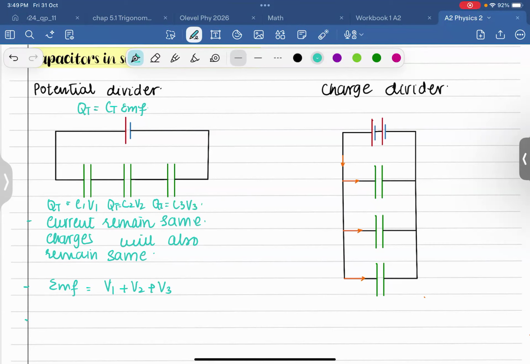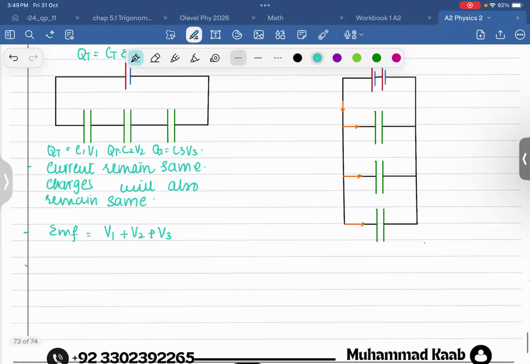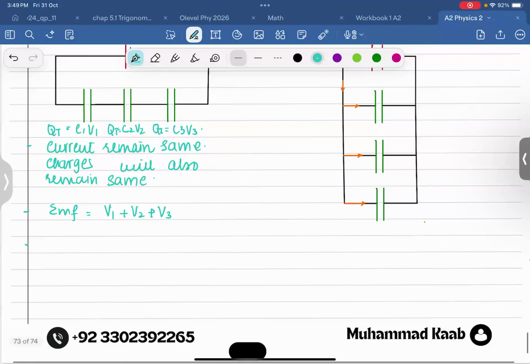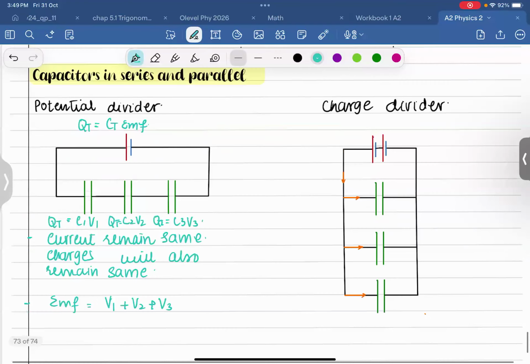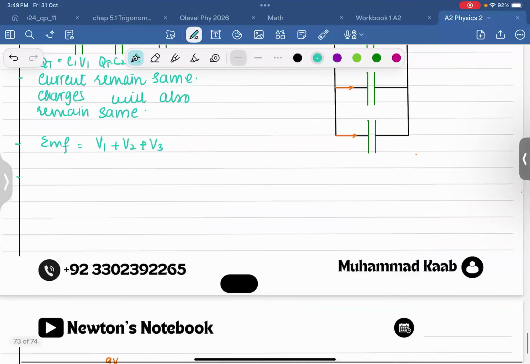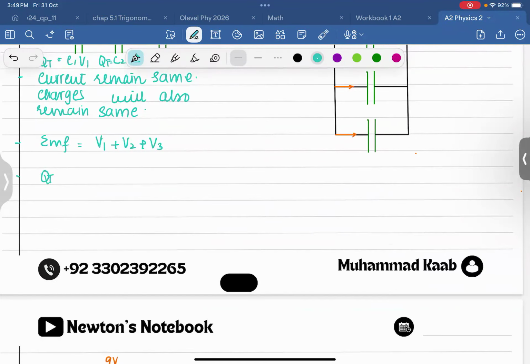Now, if I put that into my main equation and make EMF the subject, I get Q total over C total.